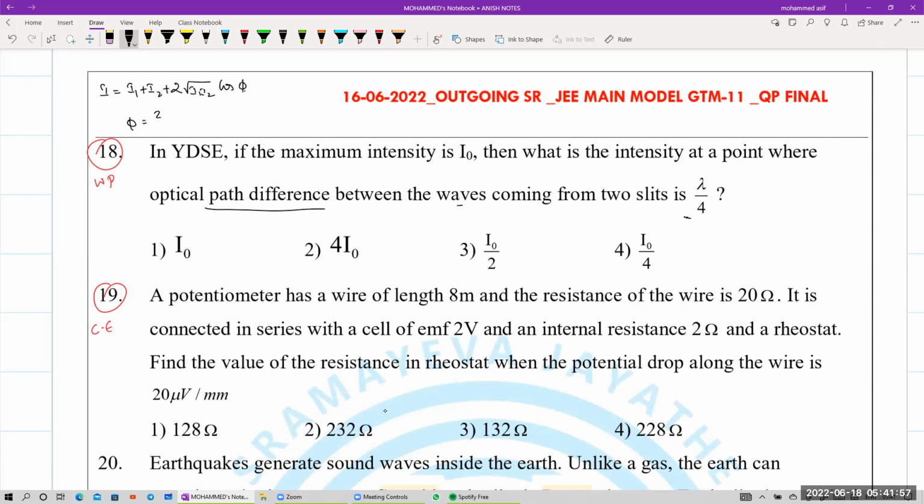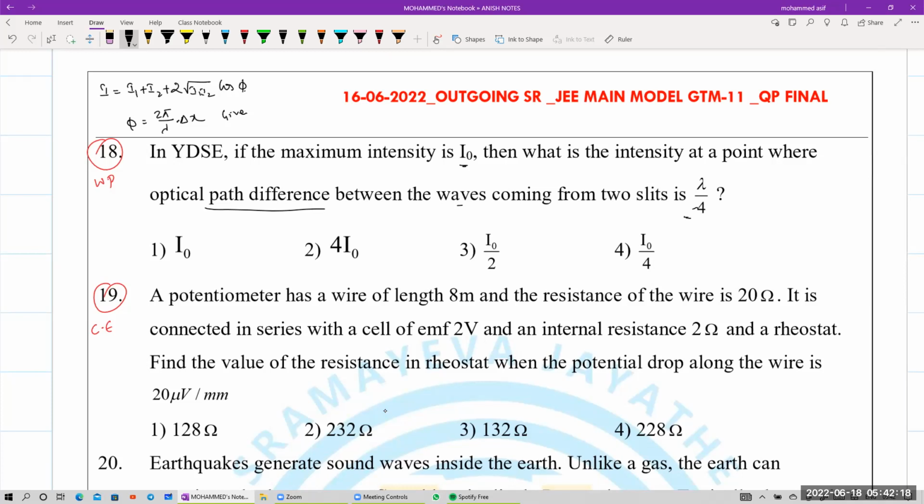Phase difference is calculated by the formula delta phi is equal to 2 pi by lambda into path difference.